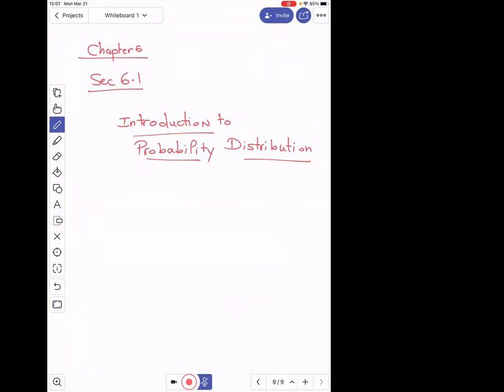So let me give the definition of what's a probability distribution, and then I will give you a couple of examples, right? So let me first define what I mean by probability distribution.